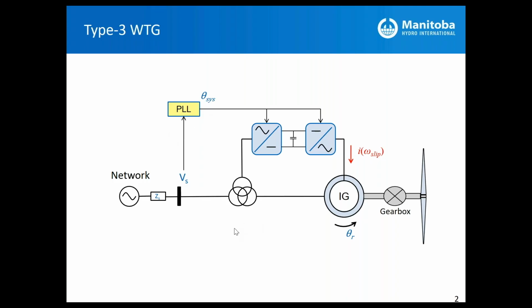Whether it's an induction machine where they're doubly fed or type 3 scheme, where you have also an electric connection to the machine terminals, the power electronics, and the controls that are required for the rotor side currents and eventually active and reactive power regulation, they use a phase lock loop.